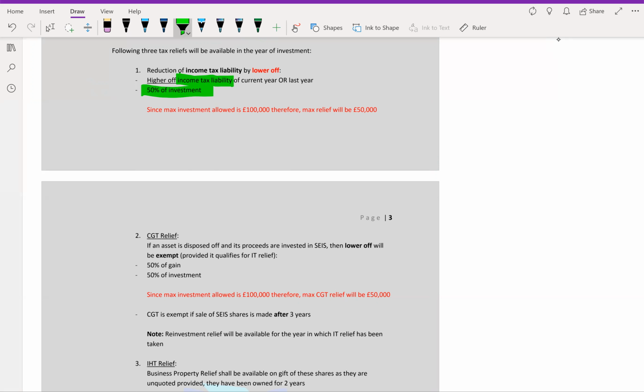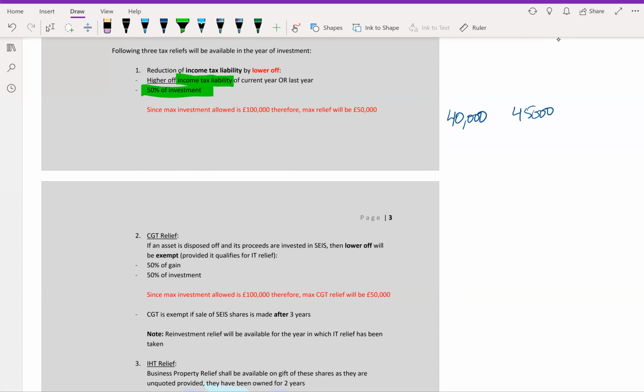Now, HMRC says, as per the tax rules, as per the law, you can carry back this relief as well. Carry back against previous year income tax liability. So if you're allowed to carry it back to the previous year income tax liability, you will have an option to choose between the current year tax liability, let's say it's 40,000, and last year tax liability, let's say it's 45,000, right?